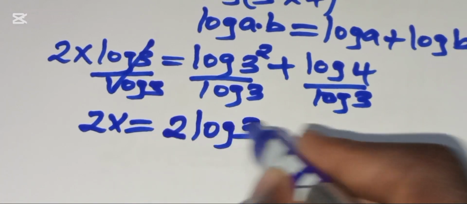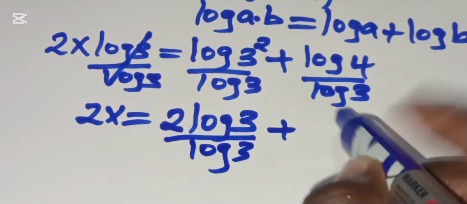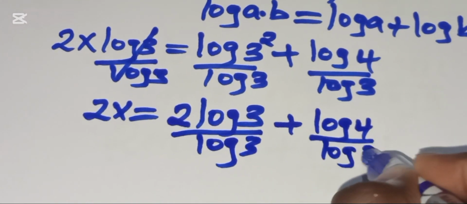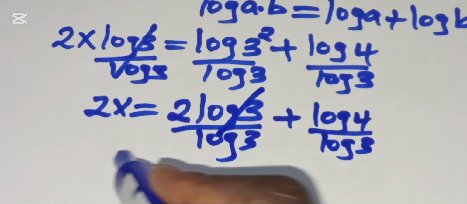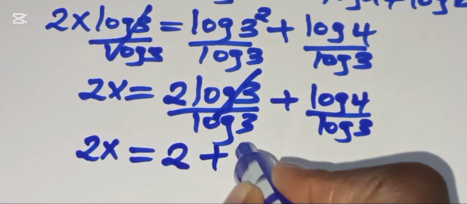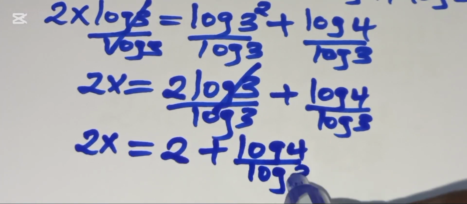So then we have 2 log 3 divided by log 3 plus log 4 divided by log 3. If you simplify here, we're going to have 2x equal to 2 plus log 4 divided by log 3.